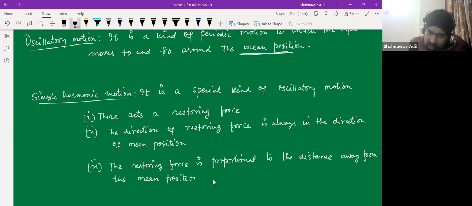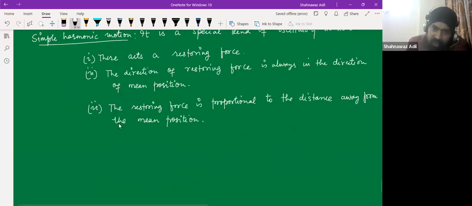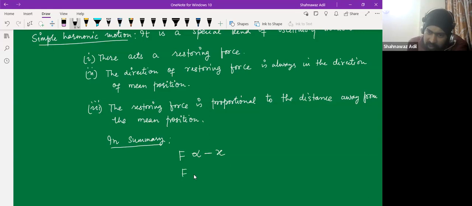Or the displacement away from the mean position. So if we summarize all these things, in summary, the force would be proportional to the displacement from the mean position. And if we remove this proportionality, we get kx. So this is the example of SHM, right?